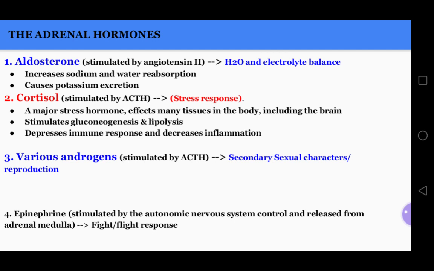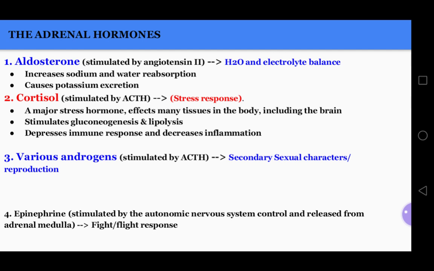Its production is stimulated by ACTH in response to stress. It is also known as the stress hormone. It is a major stress hormone. It affects many tissues in the body, including the brain. It also stimulates gluconeogenesis and lipolysis, depresses immune response, and decreases inflammation.